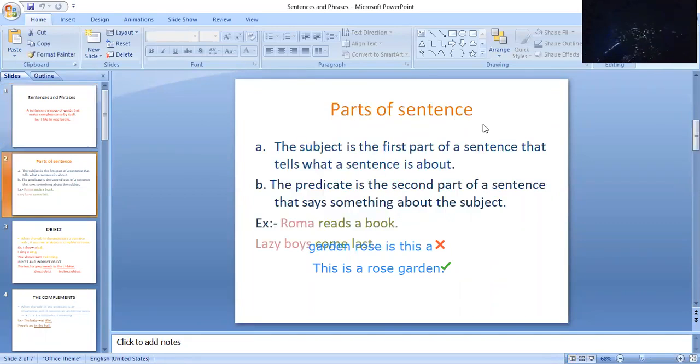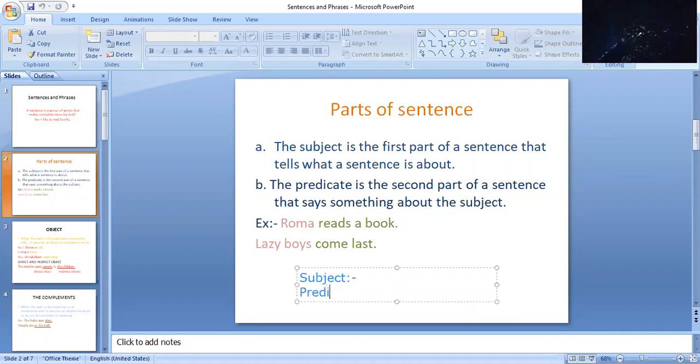Parts of a sentence. How many parts does a sentence have? A sentence has two parts. What are they? Subject and predicate.